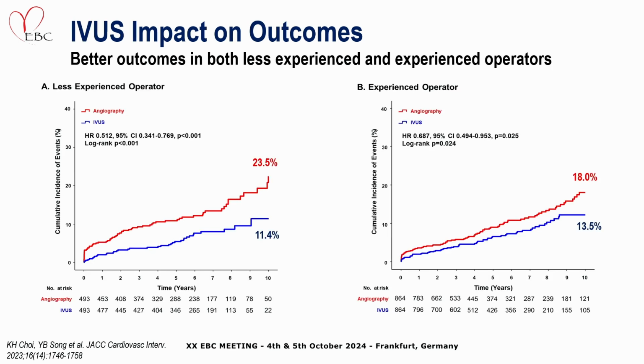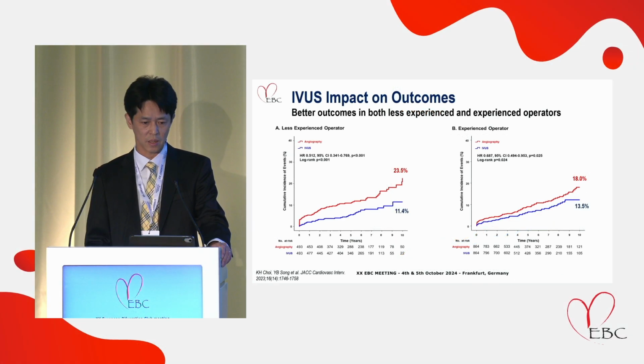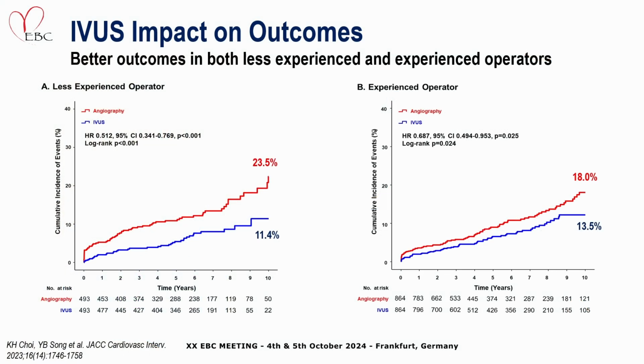And the use of IVUS was associated with better clinical outcomes in both less experienced and experienced operators. Notably, in the less experienced operator group, IVUS-guided PCI resulted in an 11.4% rate of cardiac death or MI compared to 23.5% with angio-guided PCI. In the experienced operator group, it was 13.5% with IVUS-guided PCI versus 18% without it.